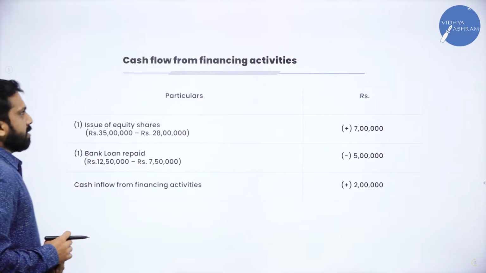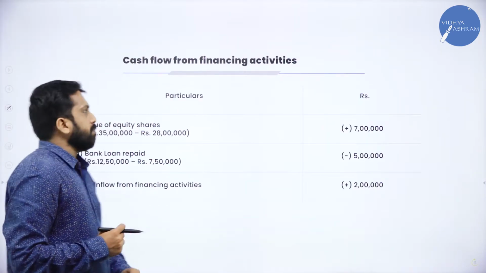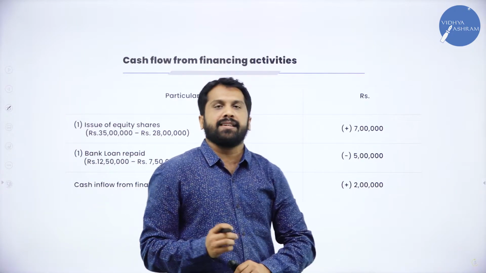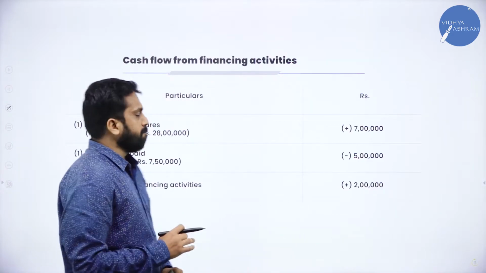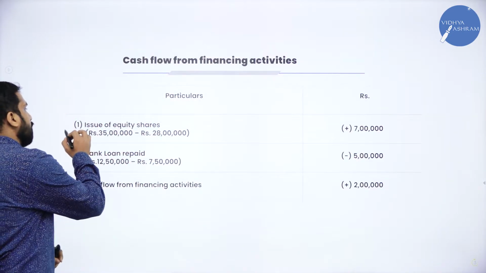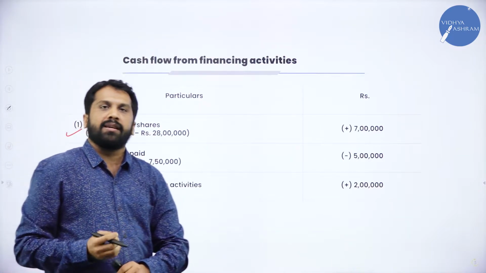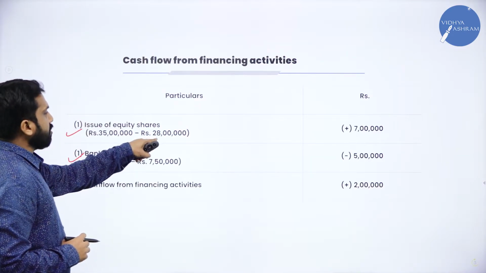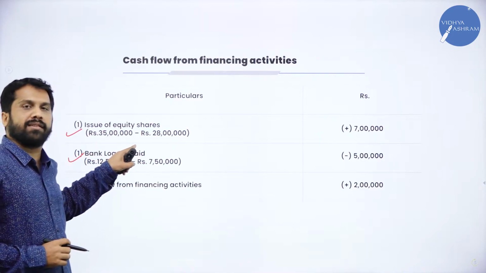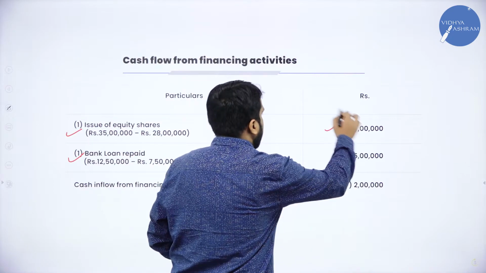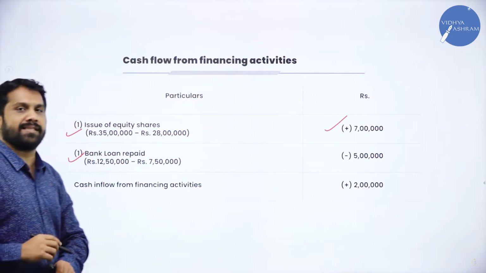Come back to your answer. This is your 6-mark problem. You have to write the heading: cash flow from financing activity. Now, you have two things: issue of equity shares and bank loan repaid. As I told you, it was 28, now it is 35. 7 lakh increased, so 7 lakh should be a positive value, plus.